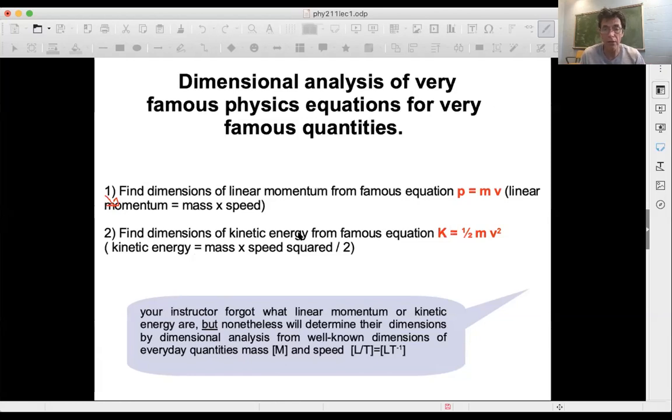Again, imagine that I have no clue what kinetic energy is, and you've got no clue whatsoever either. But we're going to find the dimensions of kinetic energy by dimensional analysis because we've been told an equation for it: the kinetic energy is half the mass times the square of the speed. Using that equation and dimensional analysis, we're going to solve for the dimensions of kinetic energy.